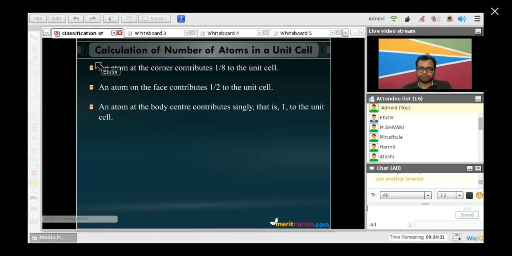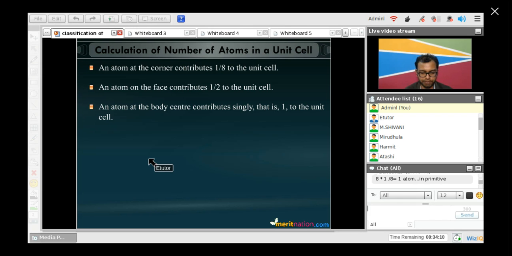Now there is a process of calculating the number of atoms inside the unit cell. How can you calculate the number of atoms present inside the unit cell? Let's say you are considering a simple lattice, a primitive cubic lattice, or the simple cubic lattice.